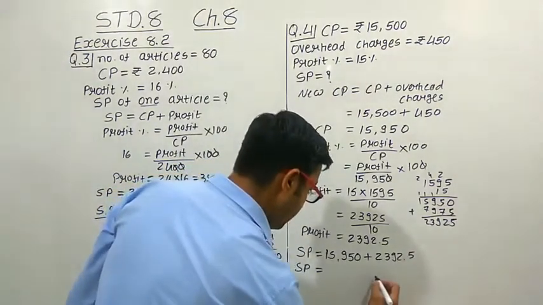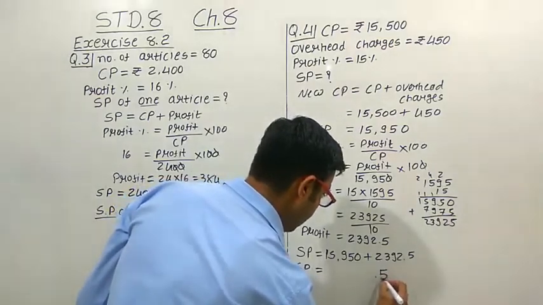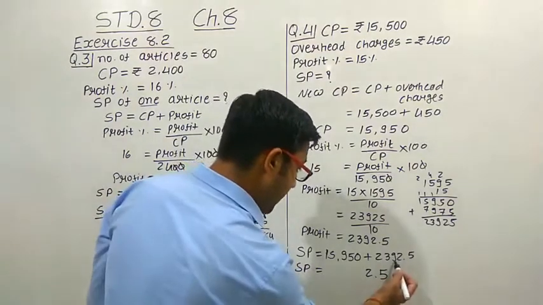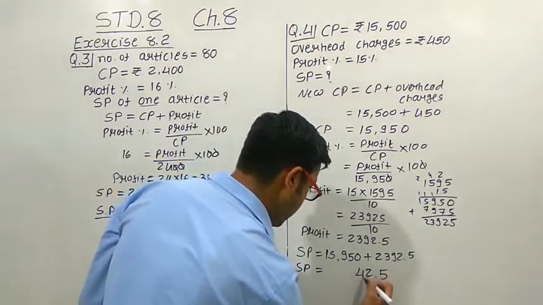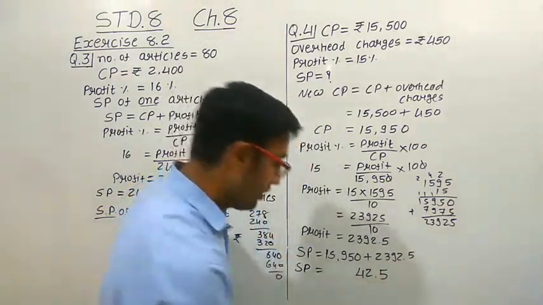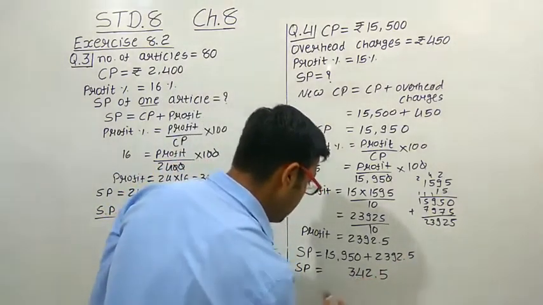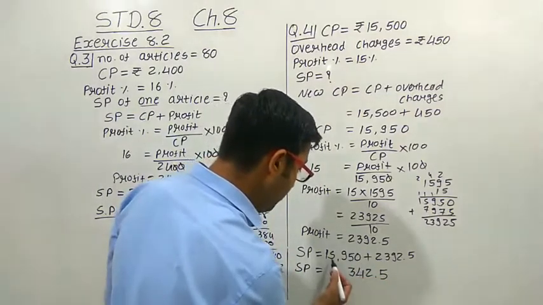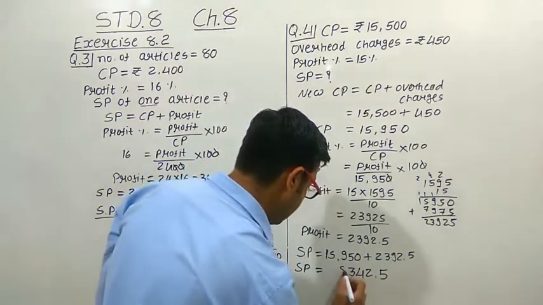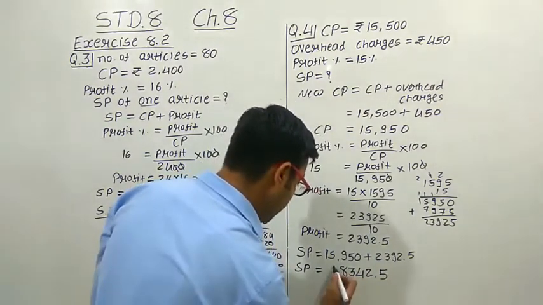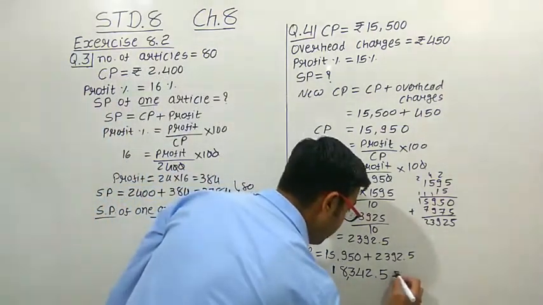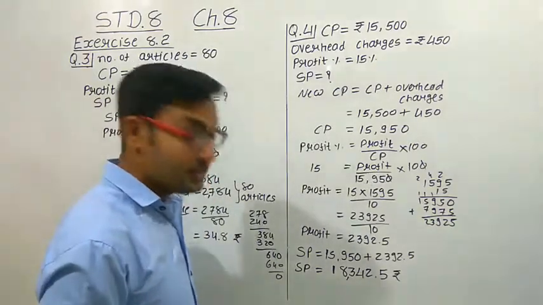We get 0.5 as it is here. 2 plus 0 is 2. 9 plus 5 is 14, 1 is the carry. 3 plus 1 is 4. 4 plus 9 is 13, 3 is there, 1 is the carry. Now 5 plus 2 is 7, plus 1 is 8, and 1 as it is. So here we get the value 18,342.5 rupees. So this is the selling price.